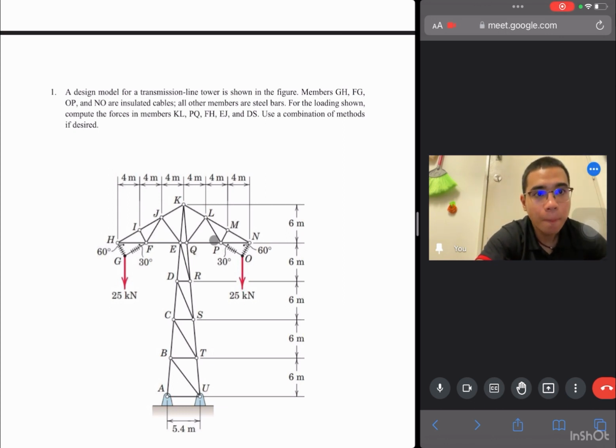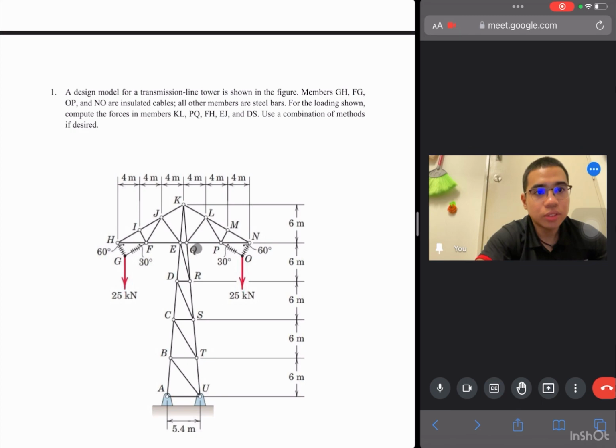Since this structure is symmetrical, with a downward force of 25 kilonewton acting on both sides and the same dimensions on both sides, we can conclude that KL is equal to JK, PQ equal to FE, FH is equal to the opposite side, PN, and DS is another part.